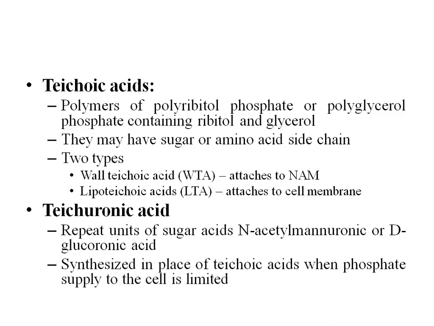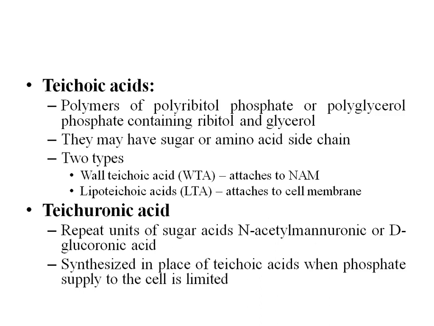The wall teichoic acid, which I mentioned, attaches the different peptidoglycan layers, specifically the N-acetylmuramic acids, and lipoteichoic acid attaches from the cell membrane to the peptidoglycan layer. So both these teichoic acids hold the cell wall to the cell membrane, as well as hold the different peptidoglycan layers together.